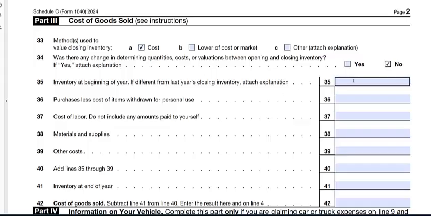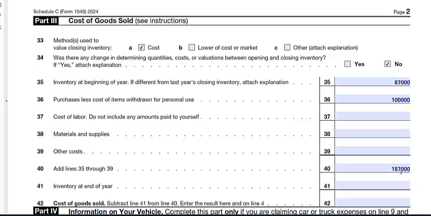So the beginning inventory was listed in the narrative at $87,000, and she purchased $100,000 more in inventory. There was no cost of labor, so we're going to add lines 35 through 39 and get $187,000.